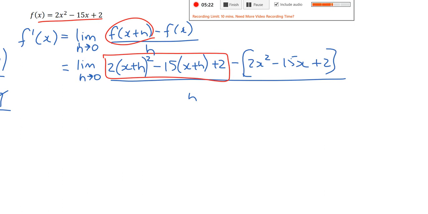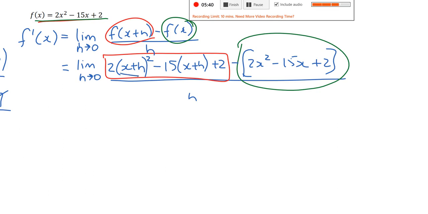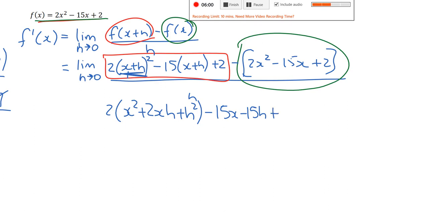And then this part here, in green, is actually just that function there. It's exactly the same. All I have to do now is expand out those brackets. So this part here is 2 times x squared plus 2xh plus h squared. This part here is just simply negative 15x minus 15h plus 2. You happy with what I've just done there?